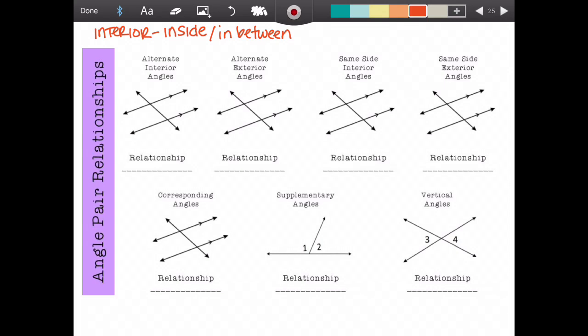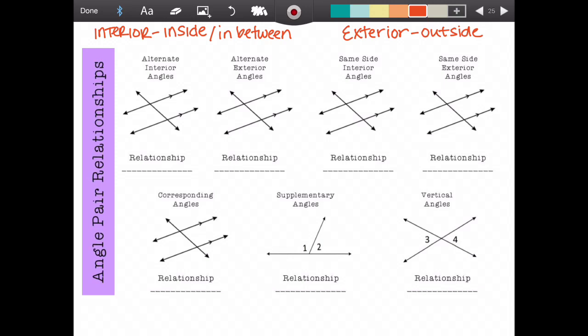Another word is exterior. You can think of exterior as outside of the parallel lines. We're going to go over all of these examples, identify where the angle pair relationships are, and then move on to answering some questions.